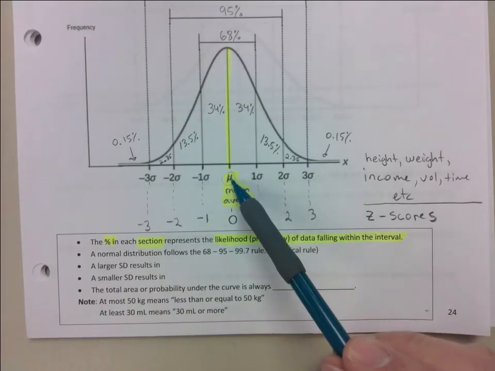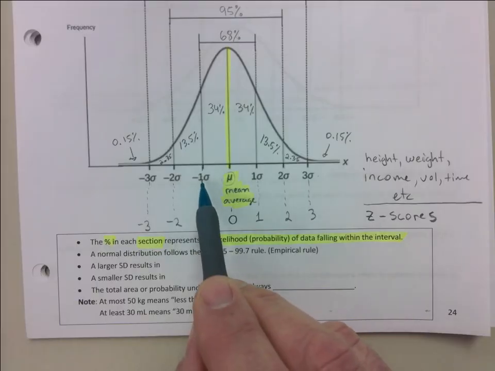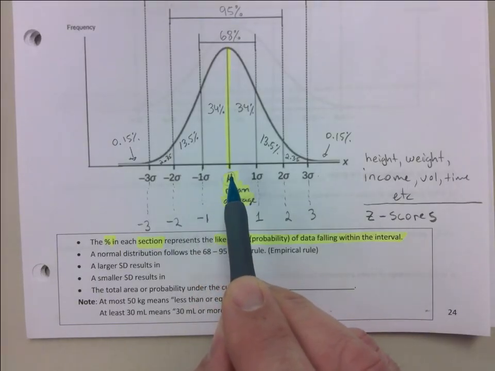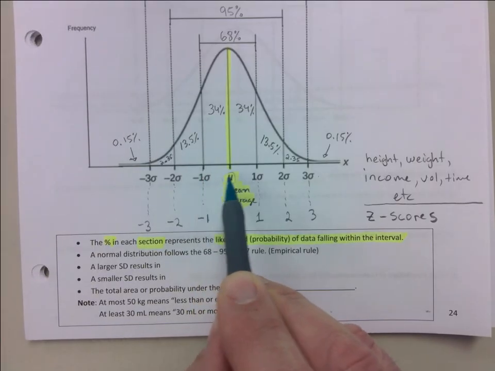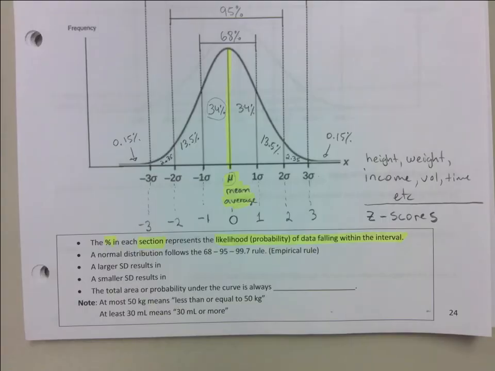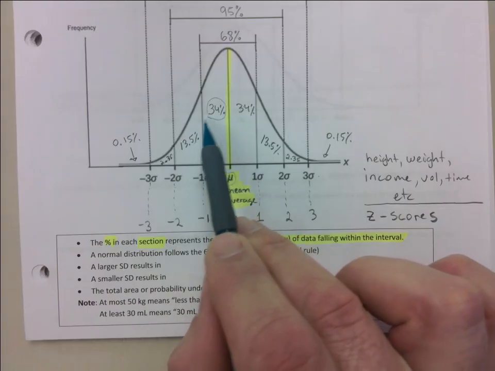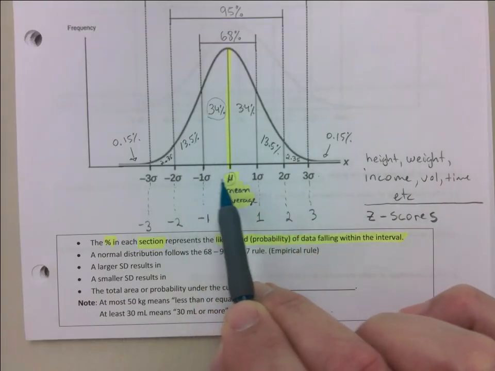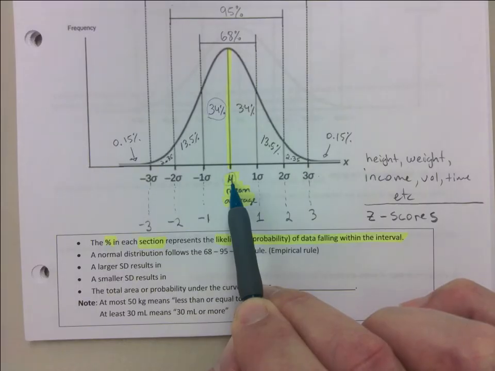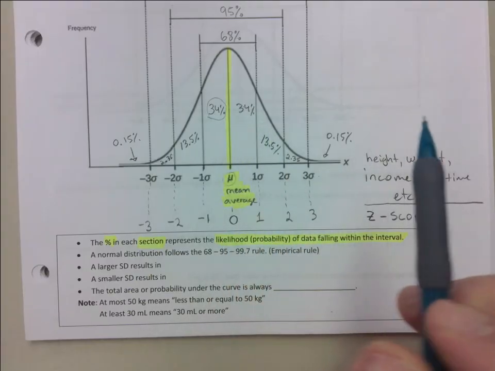Average is 70, so this would be 65, right? So the chances that a student in this class had a mark between 65 and 70 is 34%. Like if data is normally distributed, we would say there's a 34% chance that a student falls within this, a 65 and a 70, okay? So these are all probabilities. These are all likelihoods that that's going to happen, okay?